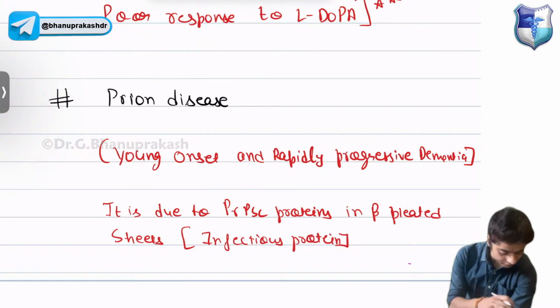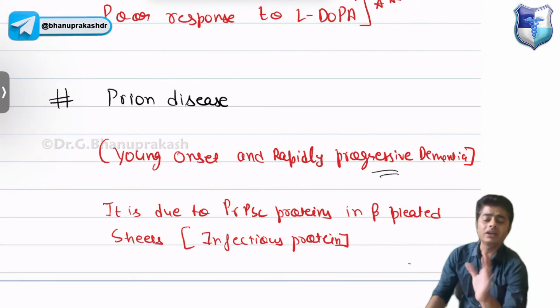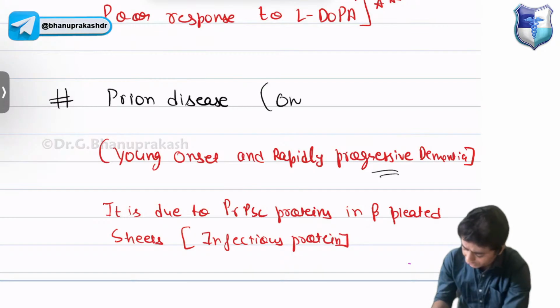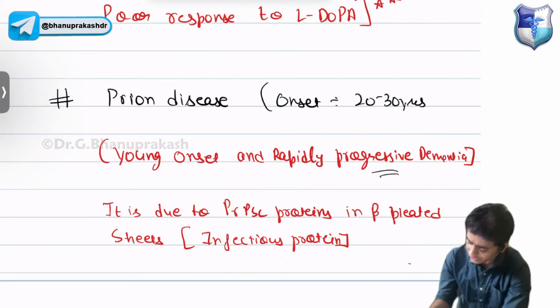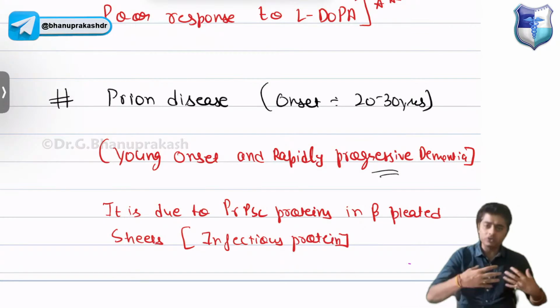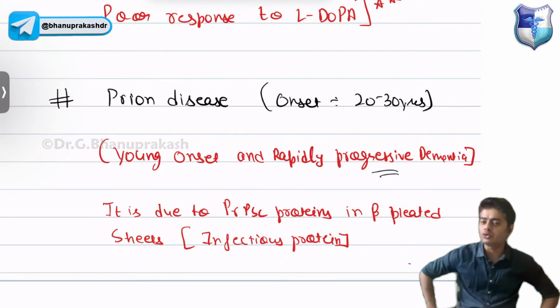These patients die within 1 to 3 years, and generally the age of onset is 20 to 30 years. Like an Alzheimer disease patient, if symptoms develop in me, then I can live around 8 to 10 years.